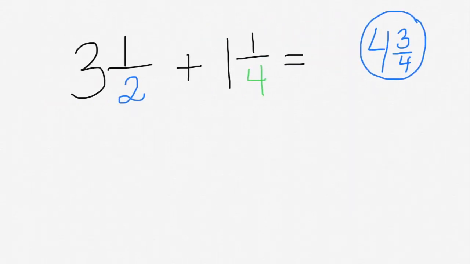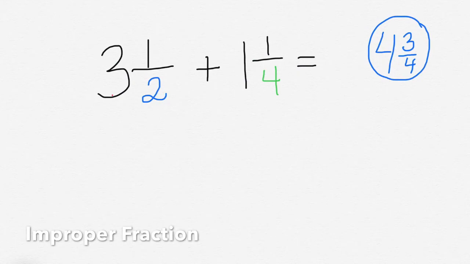So the first way we solved this problem was just taking the proper fractions and making sure they have the same denominator. The second way we're going to solve the same problem is putting the mixed numbers in an improper fraction.